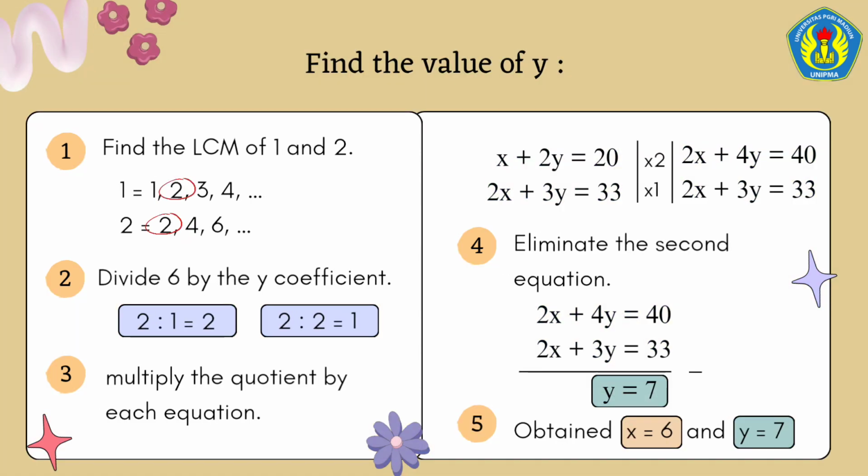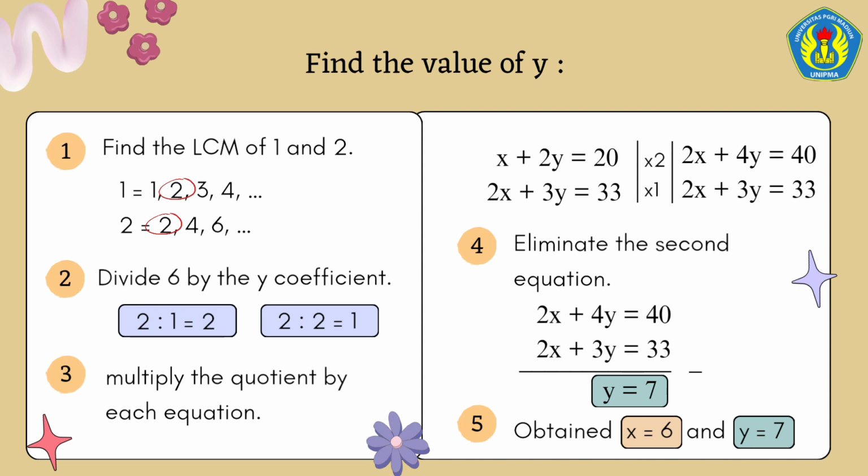Second step, find the value of the variable y by eliminating x in each equation. Because the coefficients on the variable x from each of these equations are 1 and 2. We look for the LCM, least common multiple, of 1 and 2. 1 equals 1, 2, 3, 4, and so on. 2 equals 2, 4, 6, and so on.